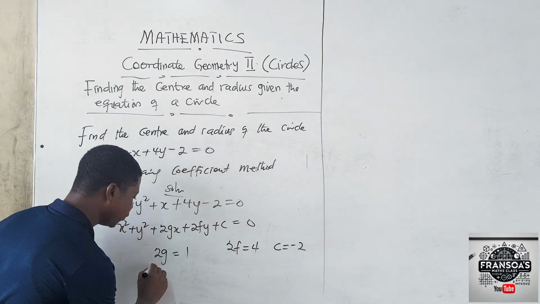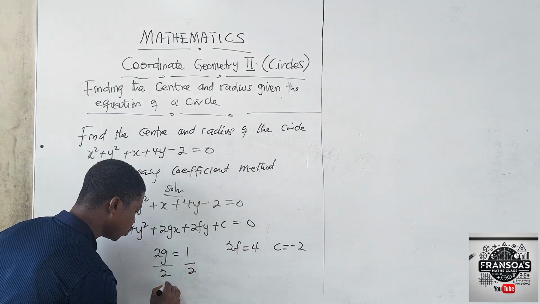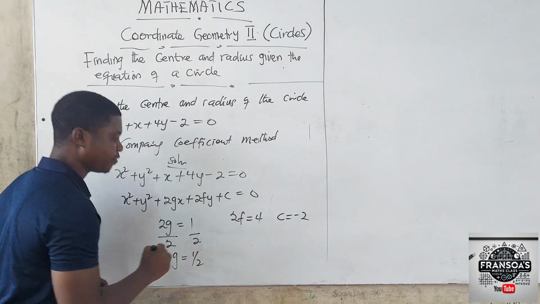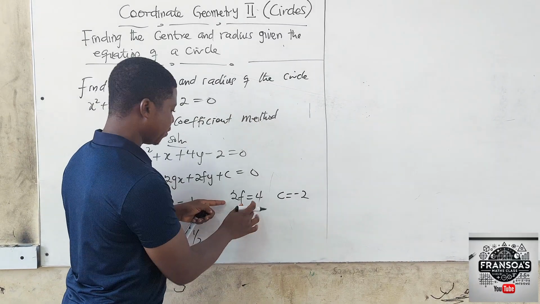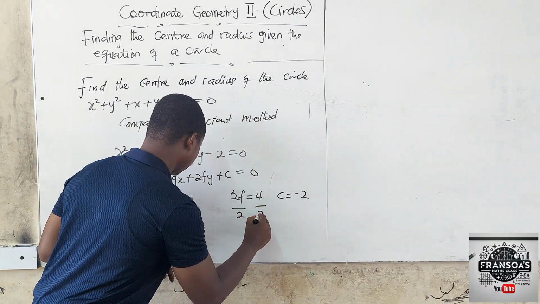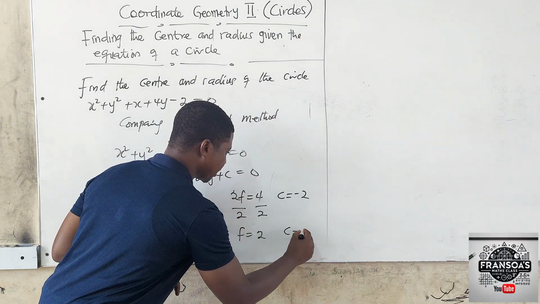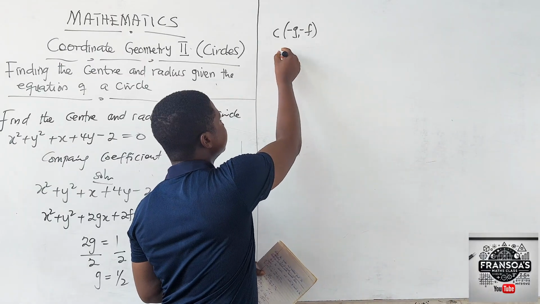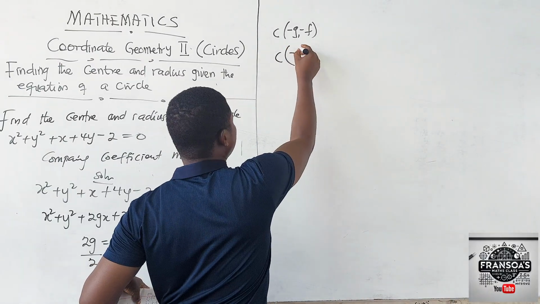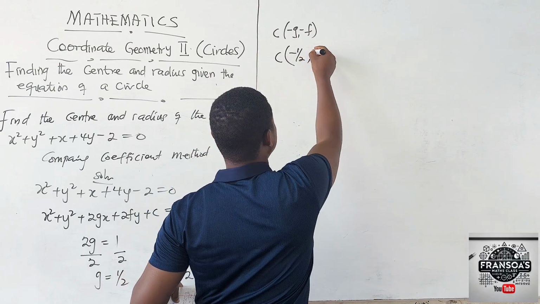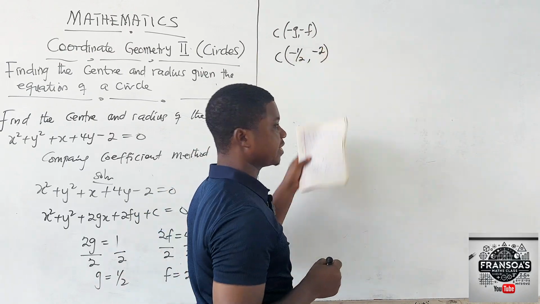To find g, we divide here by 2, here by 2, so g is equal to half. To find f, we divide here by 2, here by 2, so f is equal to 2. And as I said, c is equal to negative 2. So the center is negative half, negative 2.